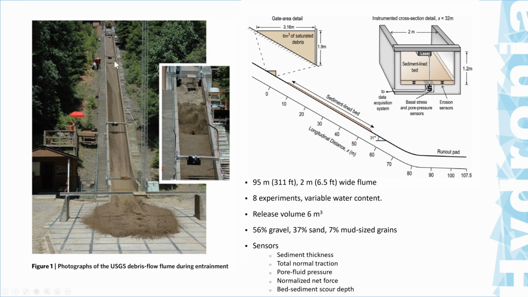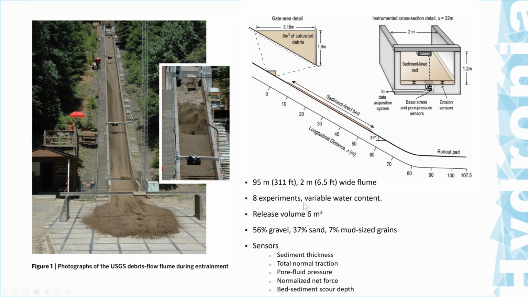So you have concrete for the most part, but it has a section of sediment bed that can be entrained by the flow. And this is the interest here: to see how the flow entrains this sediment, what the timings are, and to measure a number of parameters of interest. So the USGS developed this test.